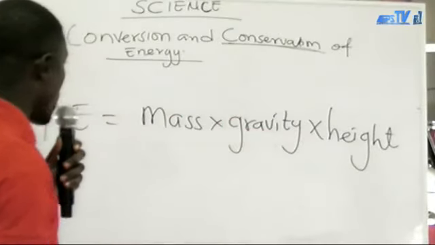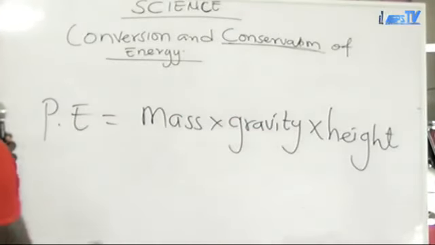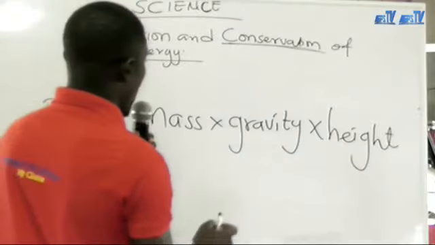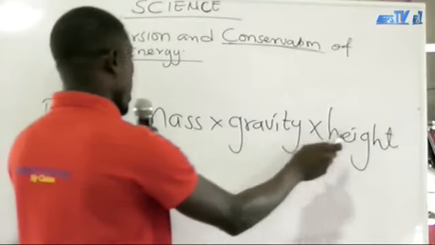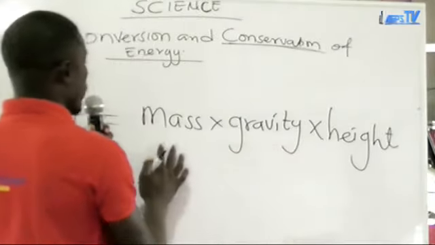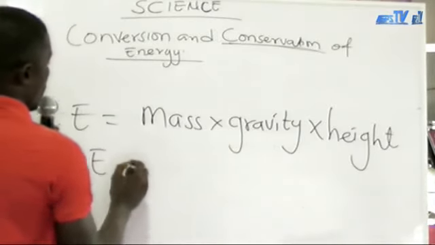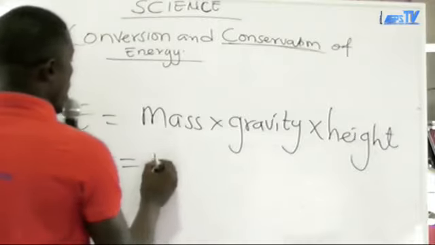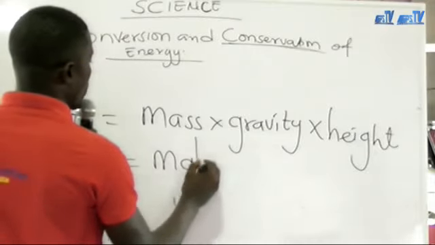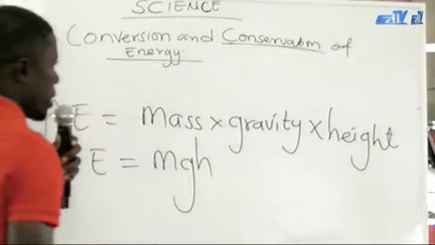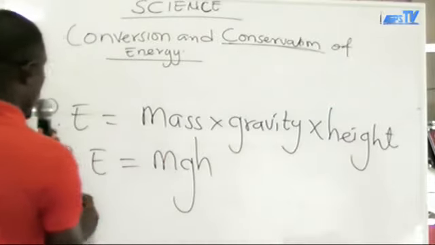Potential energy of a body is given by the formula mass times gravity times height. This is the formula for potential energy. So here you write PE is equal to mgh.